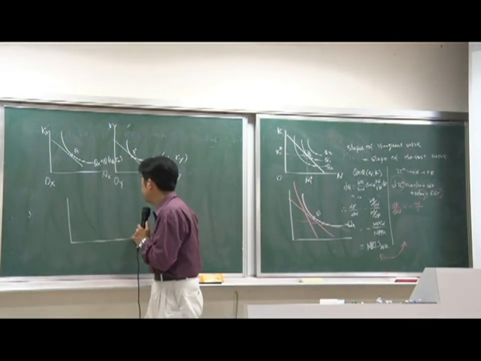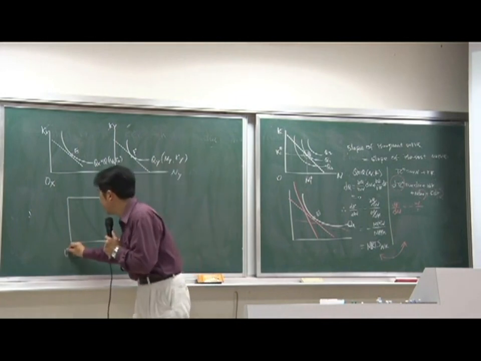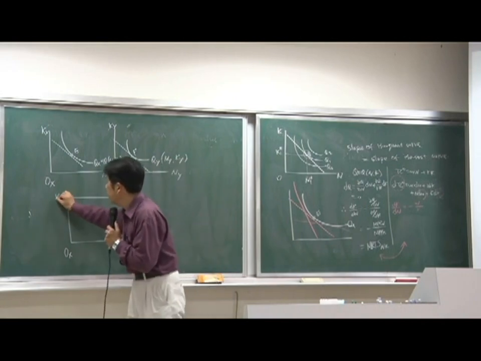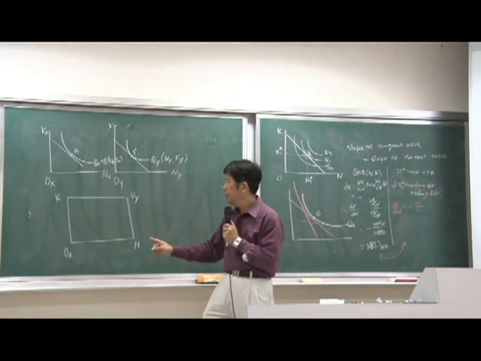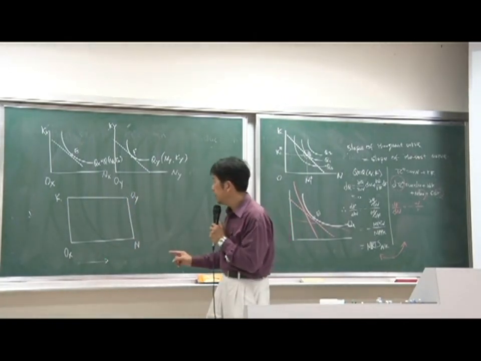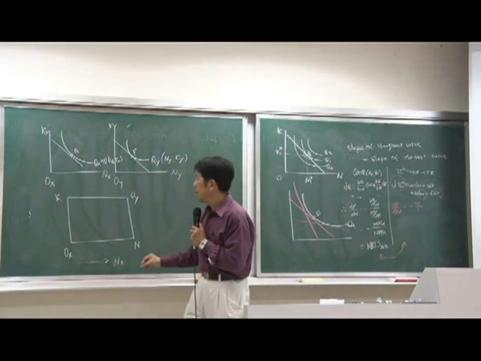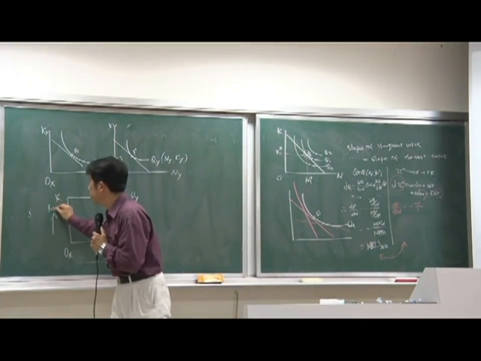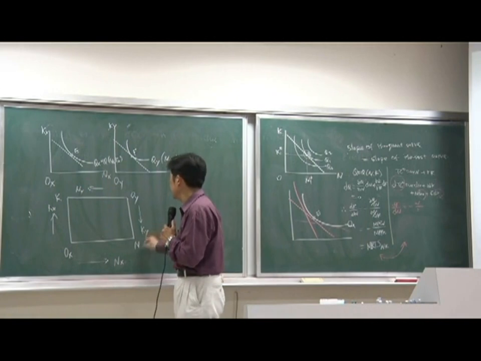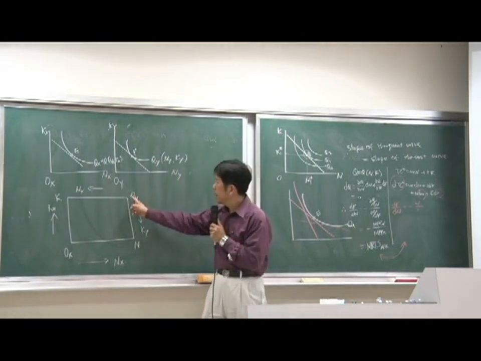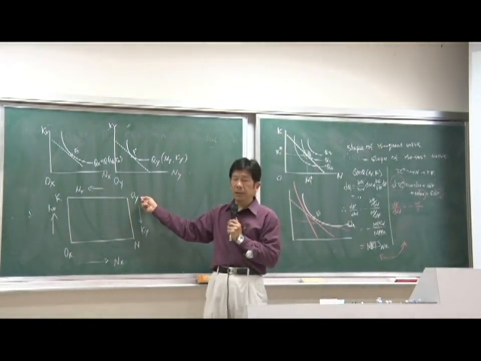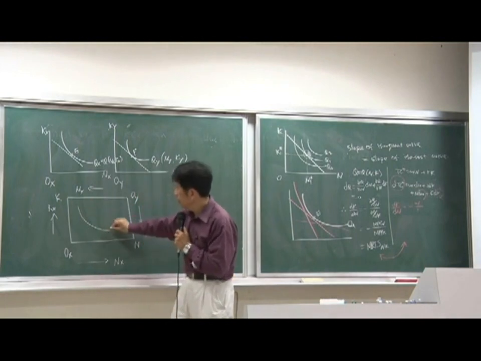This is OX, this is OY, and this is N, this is K. From here to the right-hand side, they use more NX and more KX, and this is NY and KY. And this is the origin, X0, Y0. After that we can make an assumption.